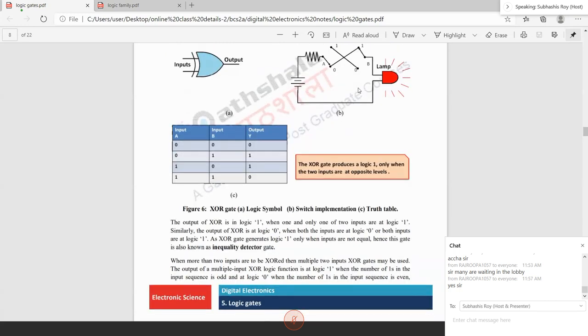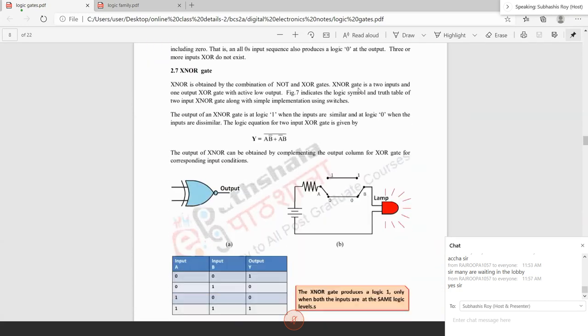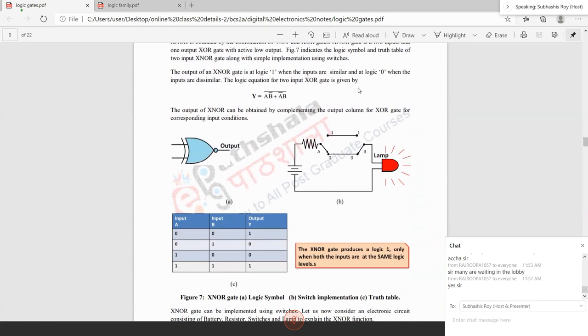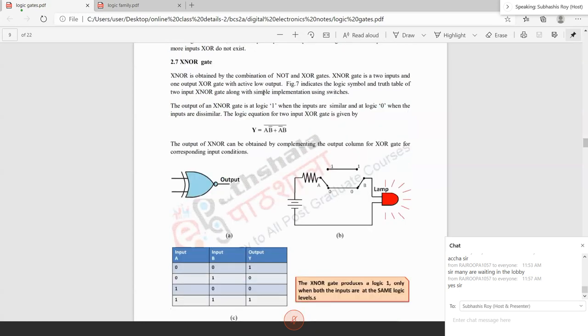Okay, so next is your XNOR. XNOR is just the opposite of, meaning the inverse of, XOR. So this is the expression of XNOR: A B bar plus A bar B, with a whole inversion. That means just invert it. If you see the truth table, this is the inverted truth table of the previous one.